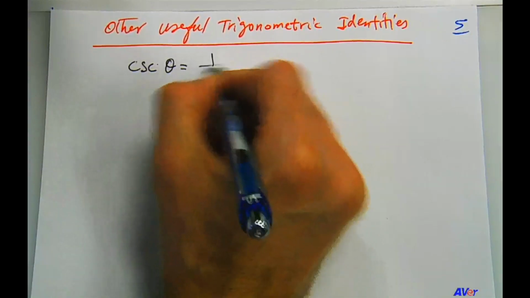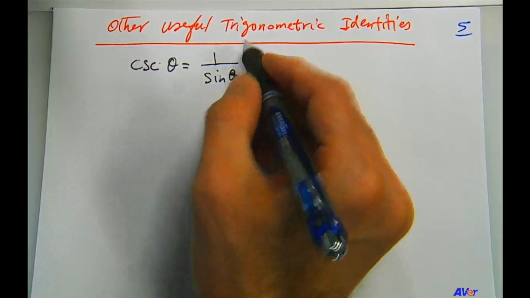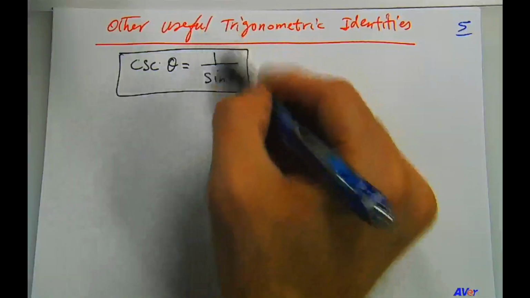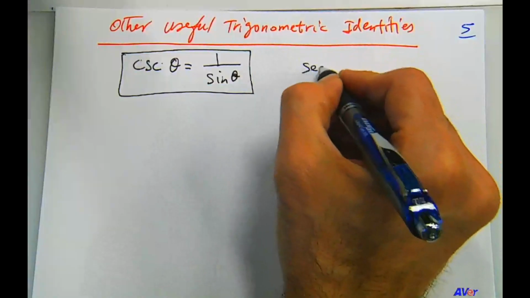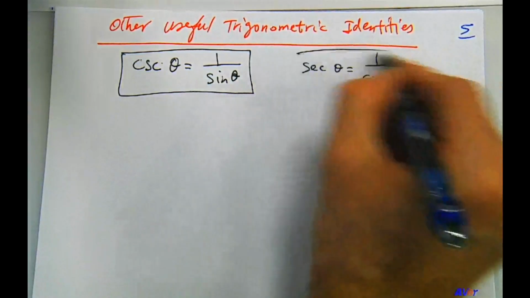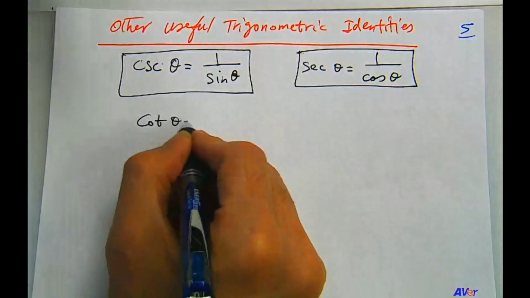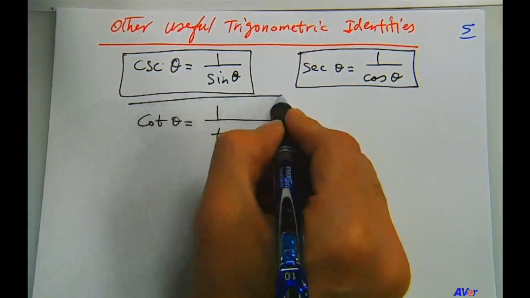Cosecant of theta is equal to 1 over sine theta, right? So cosecant is the reciprocal of the sine function. And secant of theta is the reciprocal of the cosine function. Cotangent of theta is the reciprocal of the tangent function.